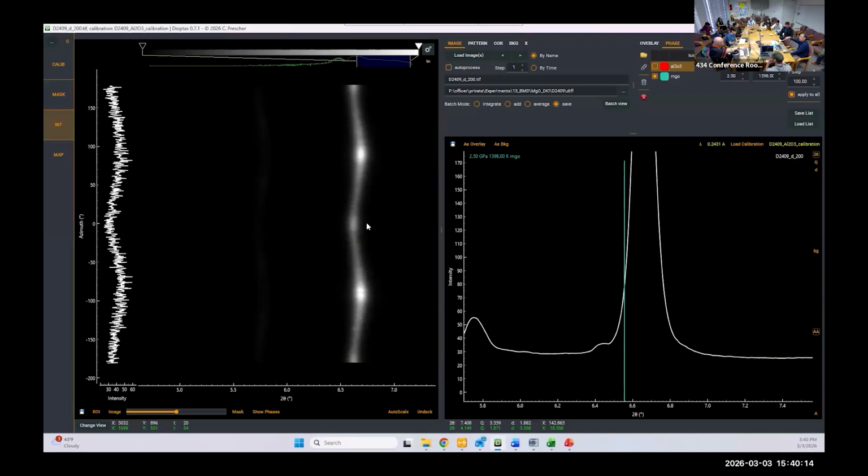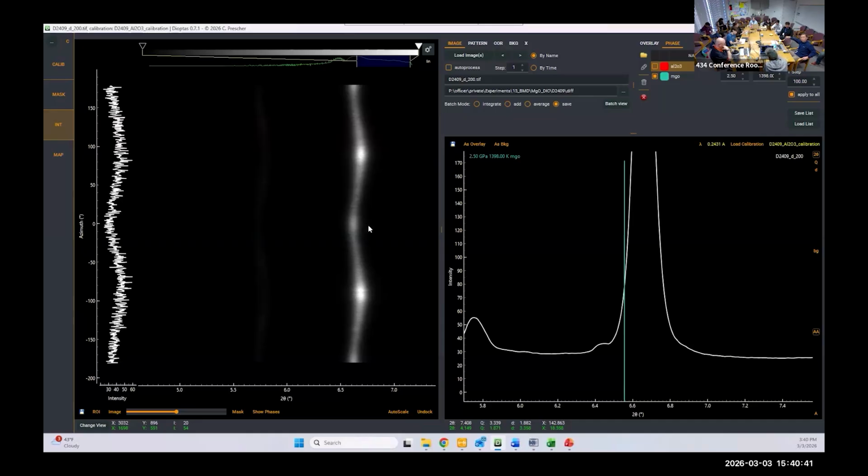Yeah, in that calibration screen, you can give it a different energy and click update calibration, and it will shift the peaks to where they would be under that different energy. So you can model that. But we know the energy, because we decide what we want to use with the monochromator. So that's an input. In theory, if you knew everything except the energy, you could use it to find out what the energy is.